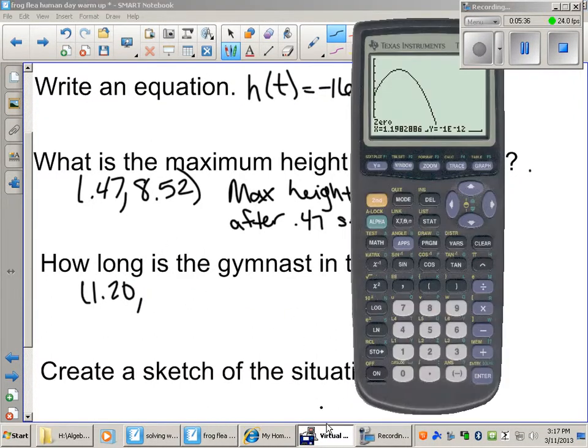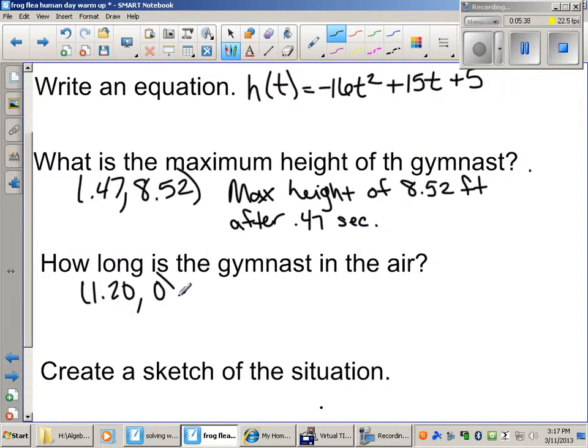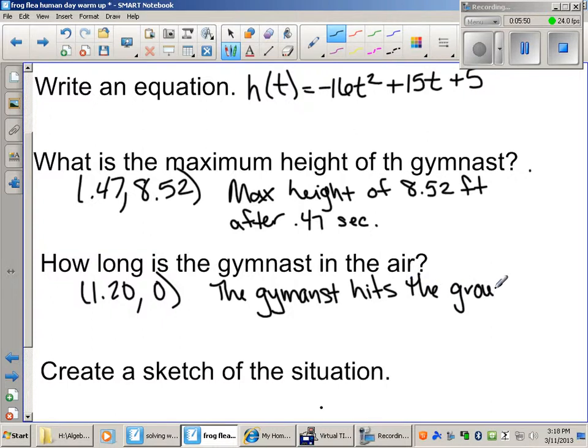So the gymnast hits the ground after 1.20 seconds. Now the last part is to create a sketch.